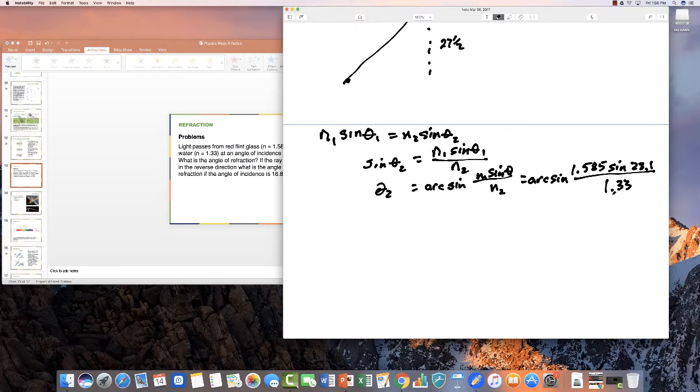Now you would predict, because it's going from a more dense to a less dense material, that the angle will be larger. So you should get a number that's larger. If you do the math here, you indeed end up with the angle 34.1 degrees.